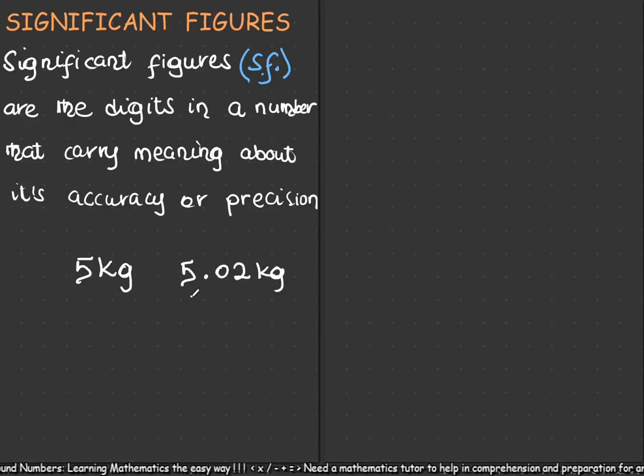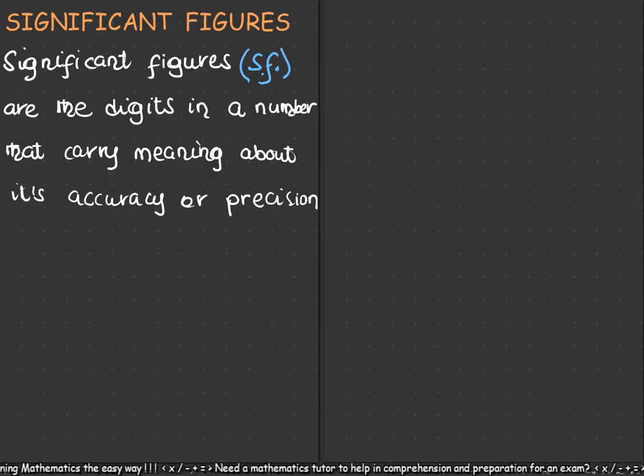You realize that this number gives us more accuracy. It gives us detail about how accurate our weight measurement is, unlike this. So significant figures give us meaning about the accuracy of a digit.